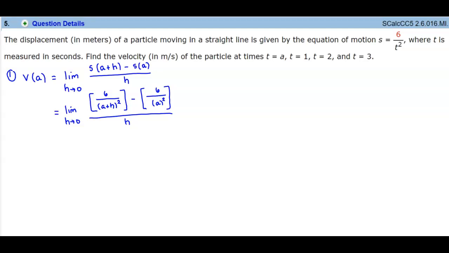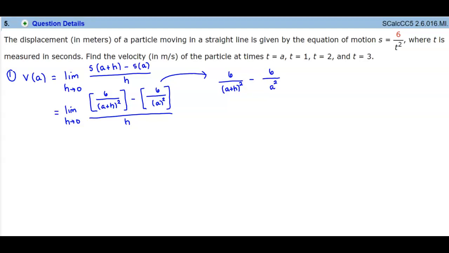Okay, so let's go ahead and add the numerators so that we have an LCD. So technically this is 6 over a plus h squared minus 6 over a squared.